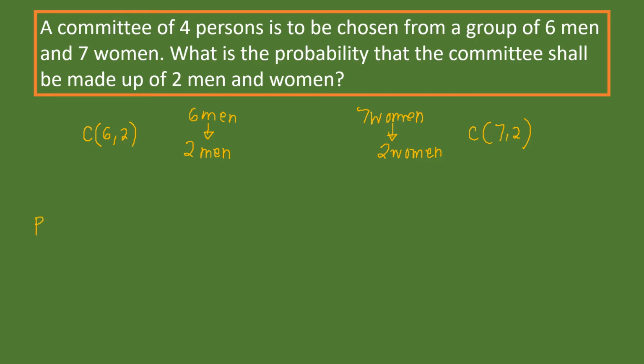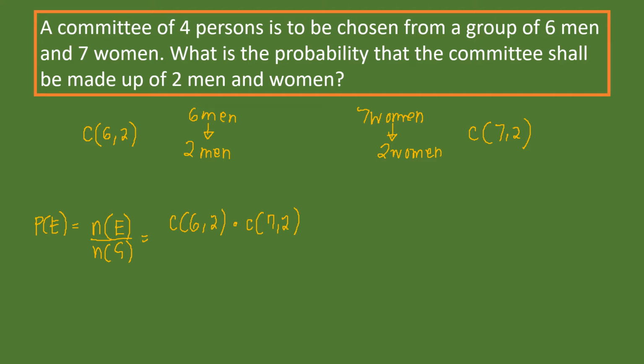So looking at our formula for probability, which is the probability of an event is equal to N(E) over N(S), our N(E) will now be the combination of 6 taken 2 times the combination of 7 taken 2, because this is the total number of occurrences for having 2 men and 2 women.